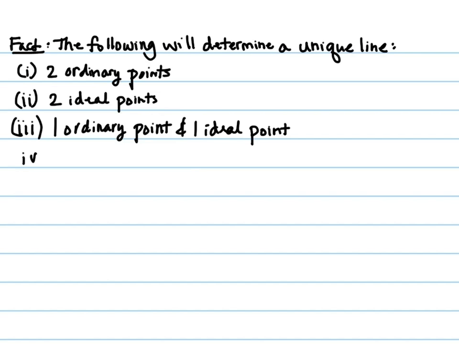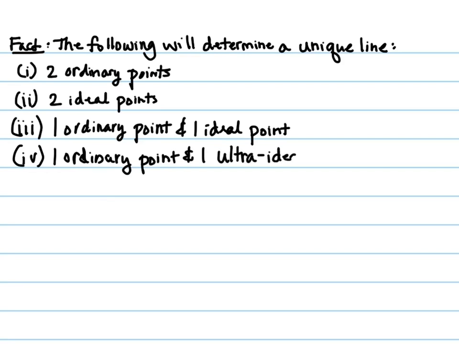And then the last one, which we have now that we didn't have before we discussed this, is one ordinary point and one ultra ideal point. These are the ones that we're guaranteed to get a line from. And let me show you what I mean by that. So let me make the disclaimer first.